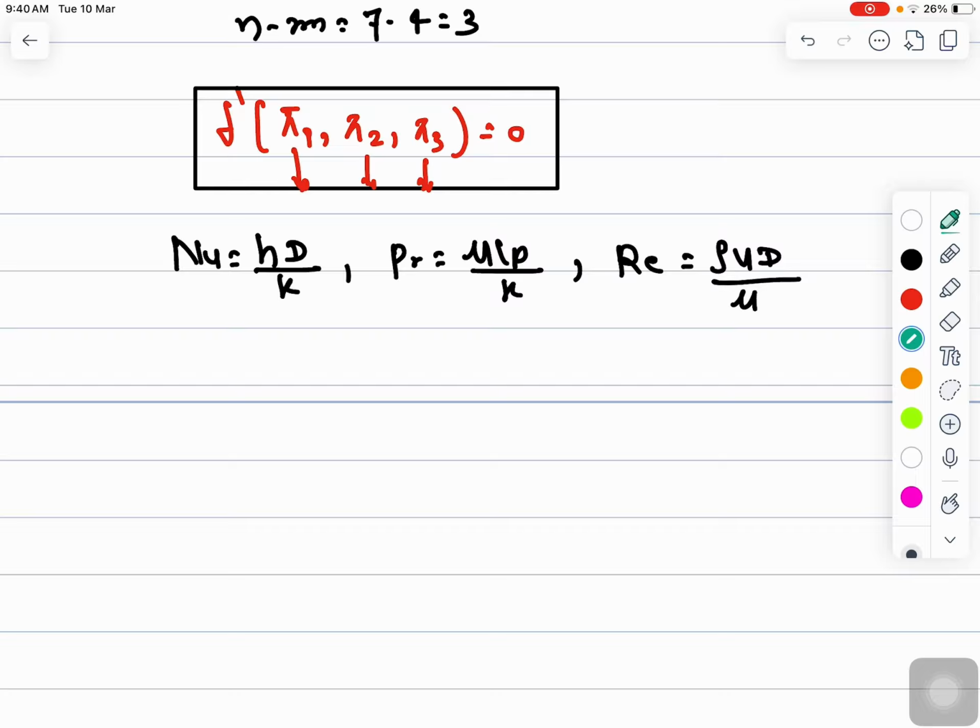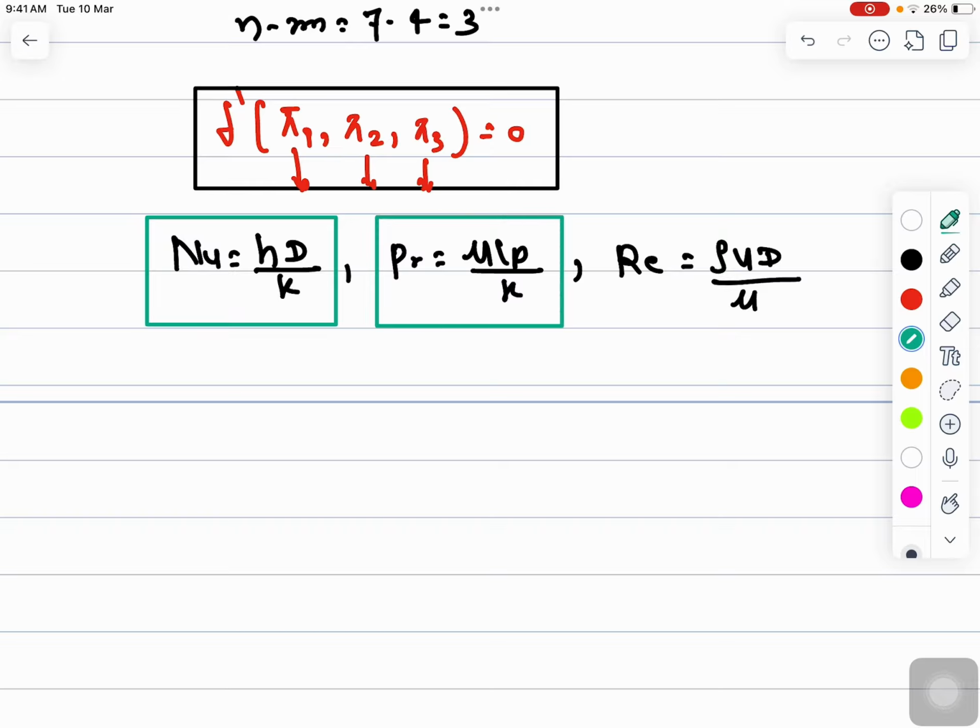All these numbers are called dimensionless numbers, and in order to understand the heat transfer coefficient, you have reduced 7 variables to only 3 dimensionless variables, and we have obtained these using the Buckingham pi theorem, right? So this is the overview of how the Buckingham pi theorem works.